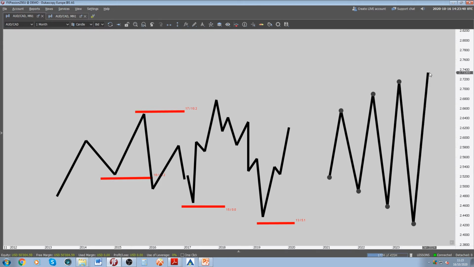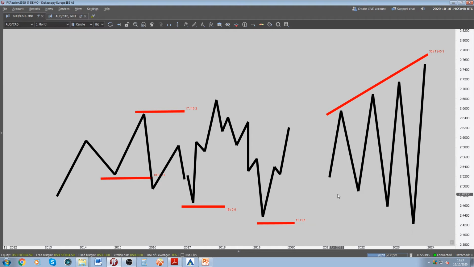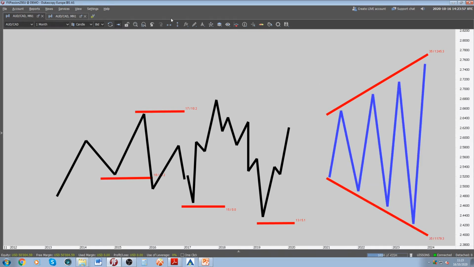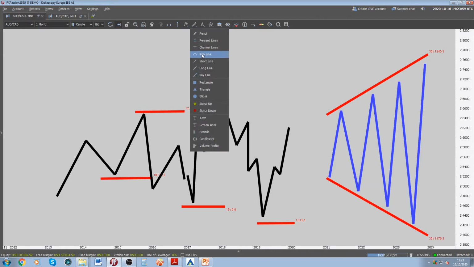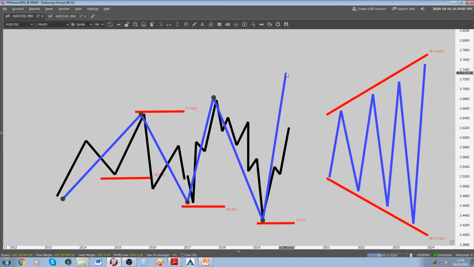Not tradable market behavior. You cannot win this game. Why not? Because the market is making higher highs but lower lows. Every time that you put a stop loss, the market is going to hit your stop loss level and reverse. This is it. Okay? Don't trade this.